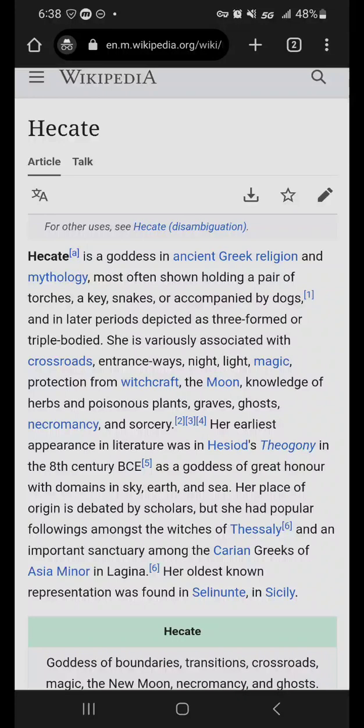And again, when I brought out through the spirit Ellis Island, about how that was the entranceway for immigrants to come into Babylon, the first thing they seen was the Statue of Liberty, man. She is also associated with night, light, magic, protection from witchcraft, the moon, knowledge of herbs and poisonous plants, graves, ghosts, necromancy and sorcery, man. All abominations, man.